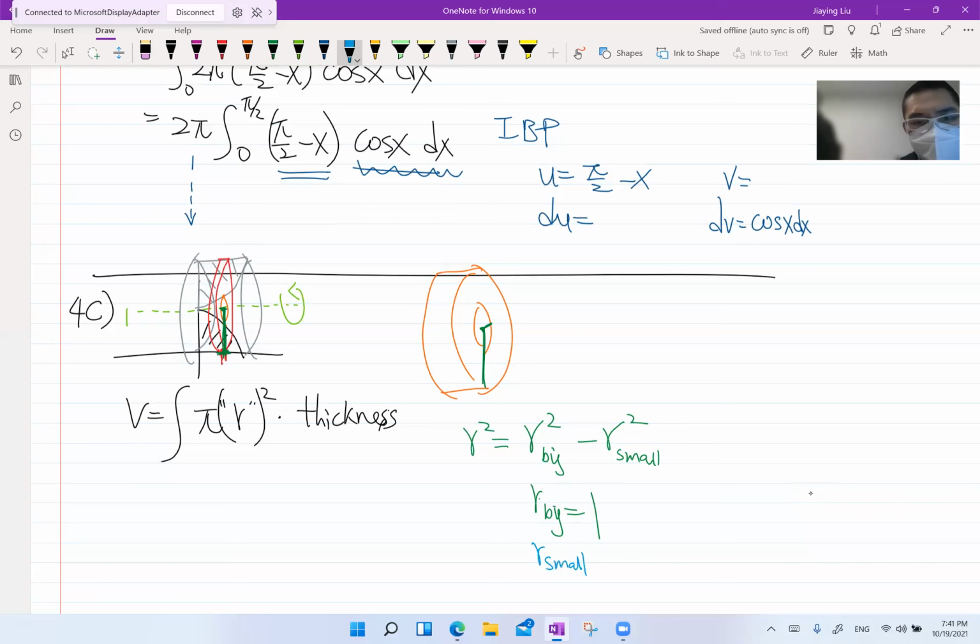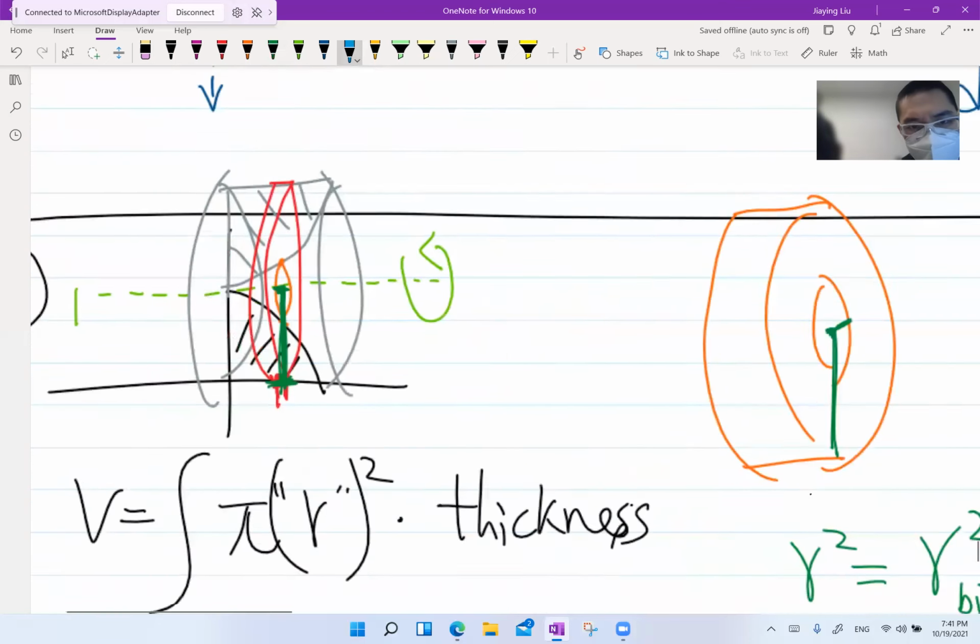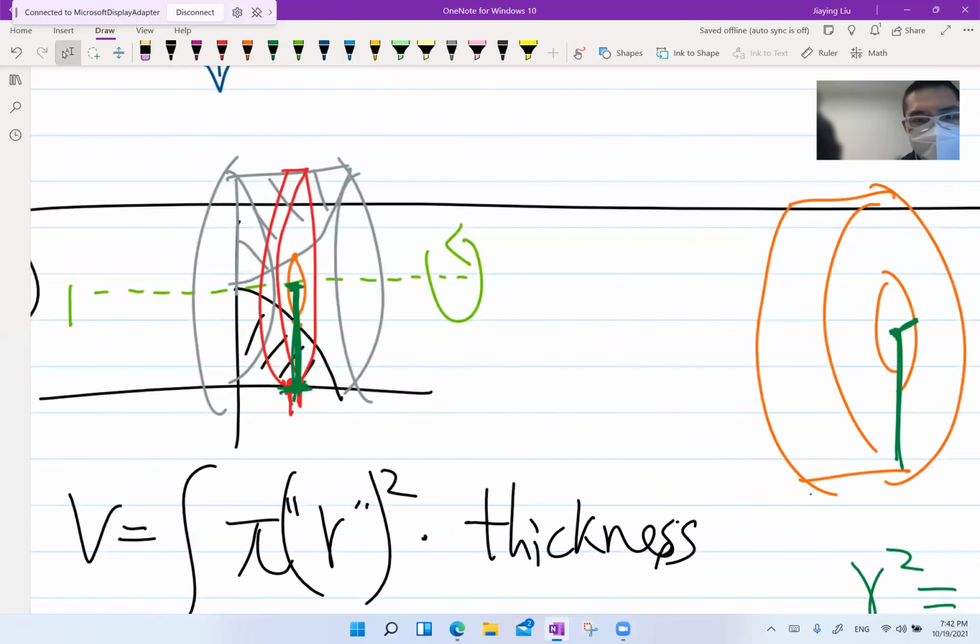It's not clear, but if I zoom in here, the small radius is from the axis of rotation all the way to the curve. This difference in blue, hopefully that makes sense, is the small radius that I'm removing in the middle of that disk. So what is that distance? Well, that's the difference between y equals 1 and some y value on the curve.